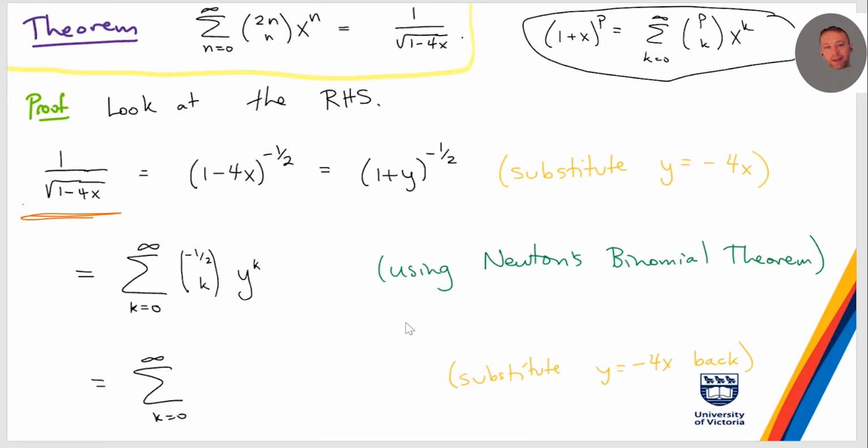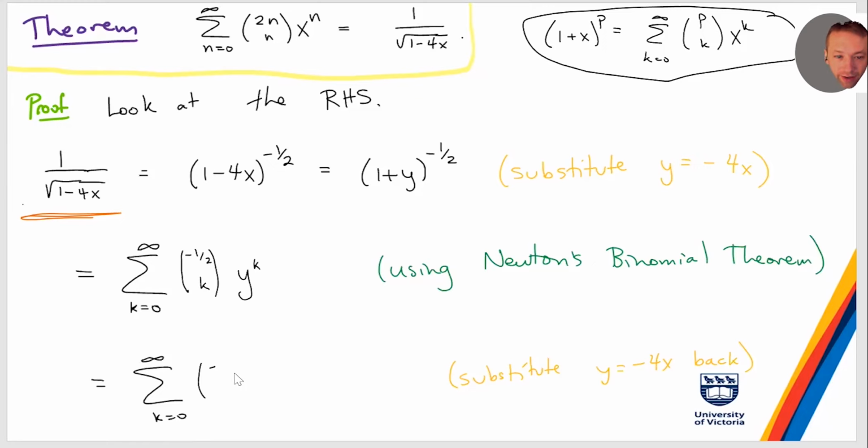This is great, but I'm not that enthusiastic about y. I wanted this in terms of x. But we can just do our substitution again, right? So y is negative 4x, and I can just plug that in.